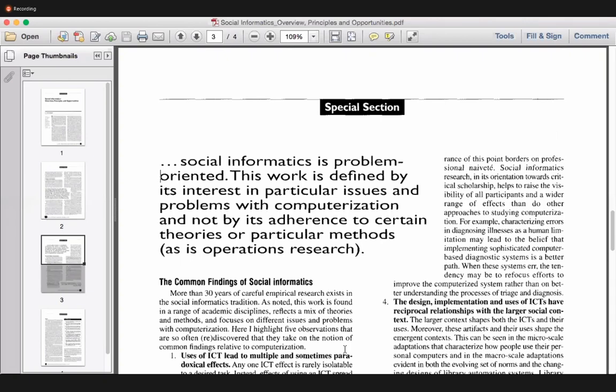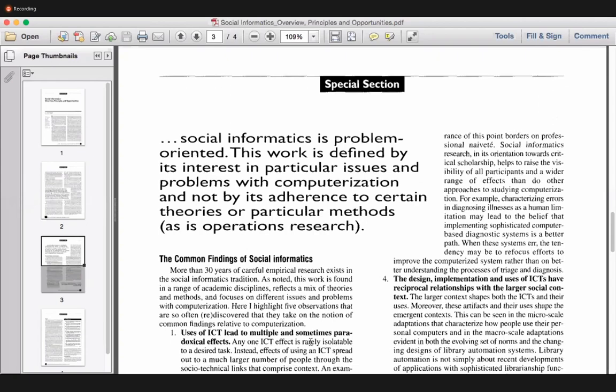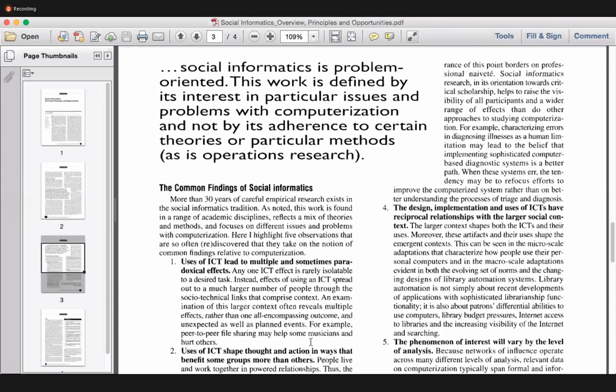Other aspects: here you can see it's like you are discussing the benefits of ICT, but you go a little bit behind that basic listing that you've actually done. I think you can even list many of them, but here you look at it. There is what we call phenomenon of interest, which will vary by the level of analysis.